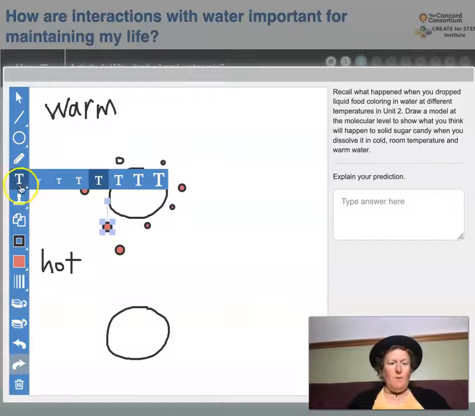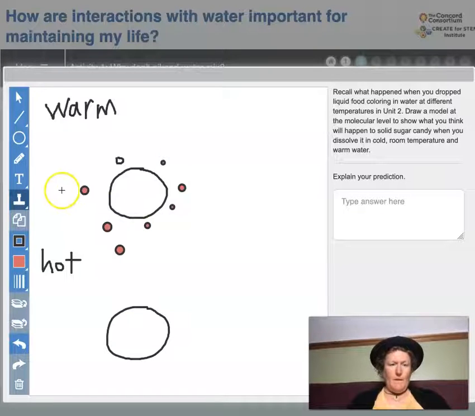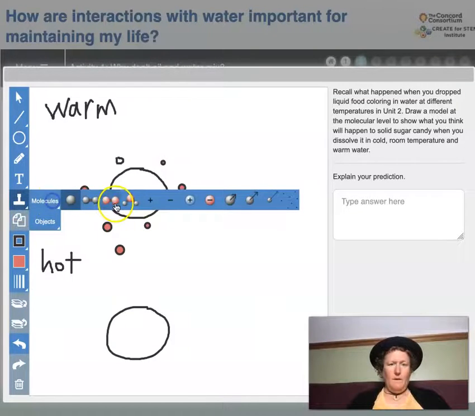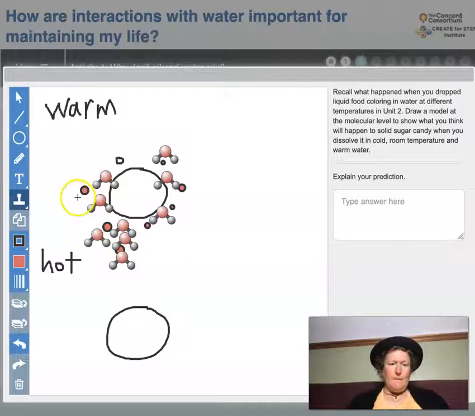And then I'm going to draw my water molecules with a stamper tool here. I'm going to pick water here and just stamp a bunch of water molecules close to the big piece of sugar, and then kind of also showing that they're pulling off the little pieces of sugar.